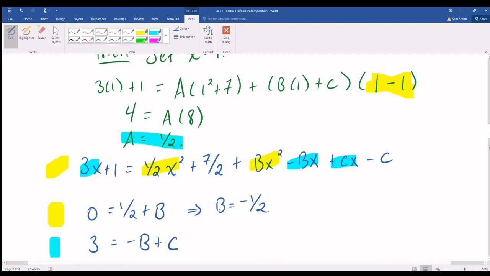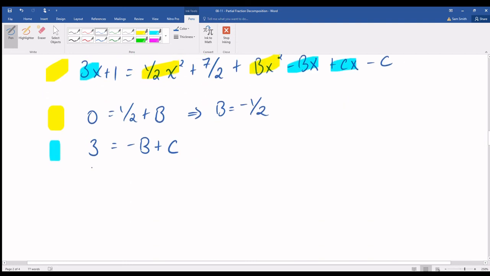At this point, we can use the fact that b is equal to -1/2. So if I substitute b equals -1/2 into this equation, I will get 3 equals 1/2 plus c, which means subtracting 1/2 from both sides, we will get 5/2 equals c.